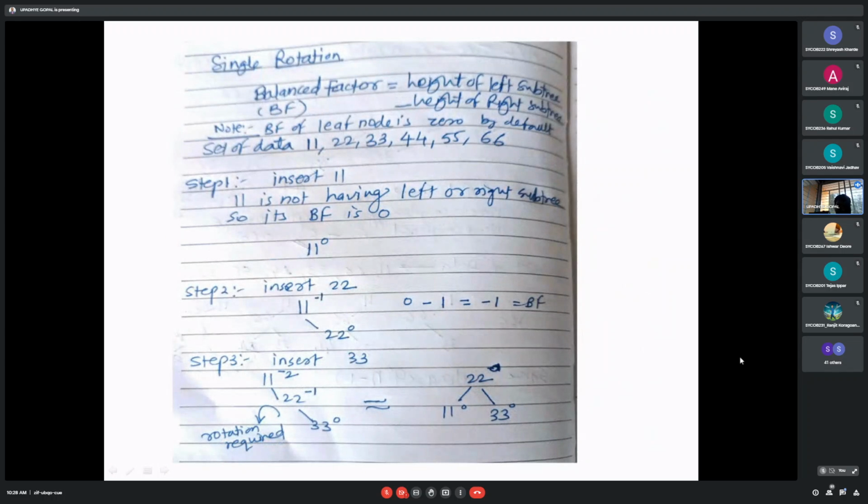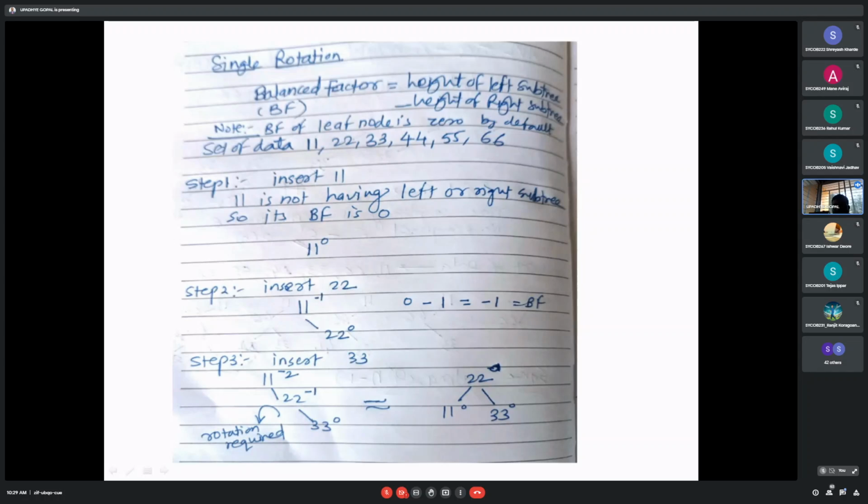In this particular tree, one important thing you need to understand is the balancing factor. It is given as height of left subtree minus height of right subtree.